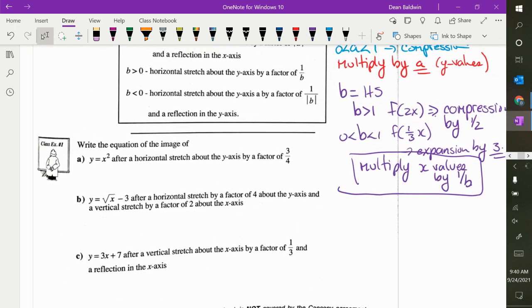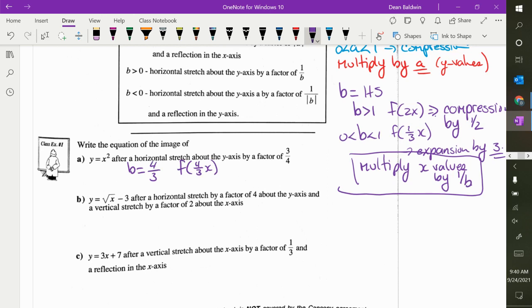First one here. Y is equal to x squared. We do a horizontal stretch by a factor of 3/4. Is that an A or a B? That's a B value. What is my B value? If I say factor of, that means what you're multiplying by. So the B value has to be 4 over 3. So really, it's f of 4 over 3x.